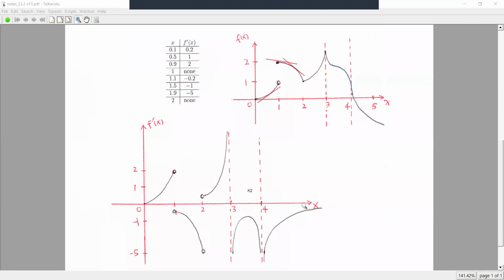Actually, as x approaches 4 from the right side, this curve goes down to negative infinity. This curve is increasing because as we move x away from the point 4, derivative is becoming smaller and smaller in absolute value.